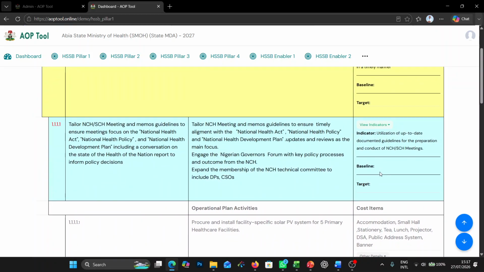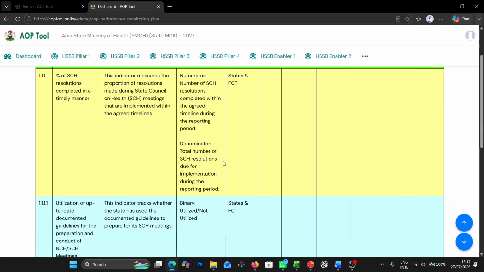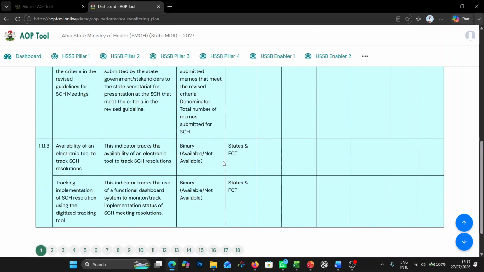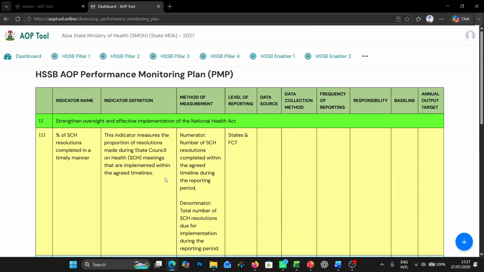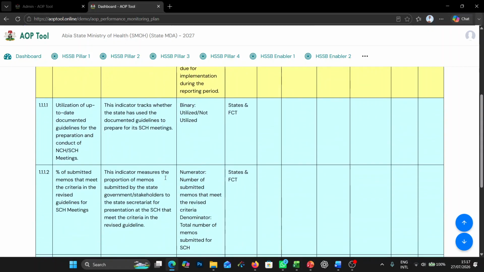But how will you know what your baseline and target is? You have to come to the PMP. This is where the PMP module is. The PMP has those indicators that have showed us in the Excel. You can see them here. But one thing that you need to know is that you might not be able to populate the baseline and target as a user. The only person that can do that is the state admin or the federal admin.